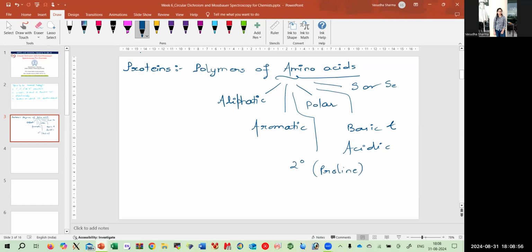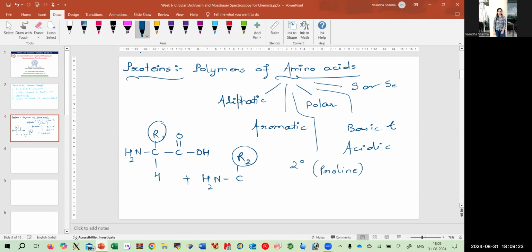What we are trying to understand here is that if we are saying it is a polymer of amino acids, a polymer looks like this, where we have a certain chain. So this is one amino acid, and it will combine with another amino acid, where I'm talking about the R1 group and R2 group.